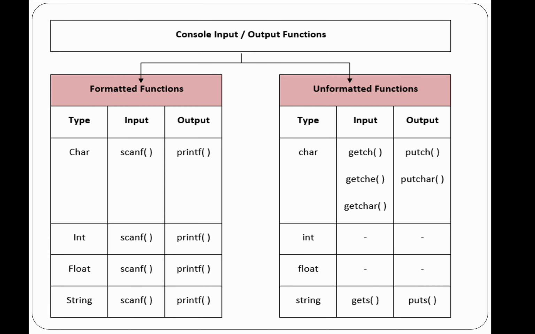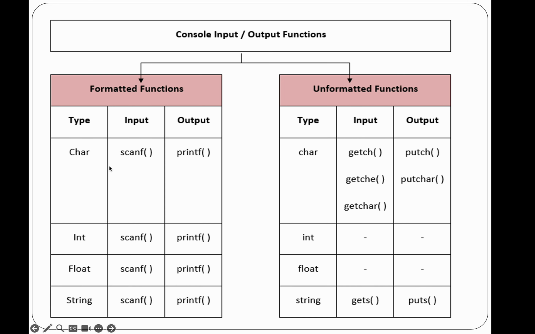The formatted functions will support character, int, float, and string. We can use a string also here. The formatted functions will just print the string directly, and you can have a double also with the same syntax of scanf and printf.